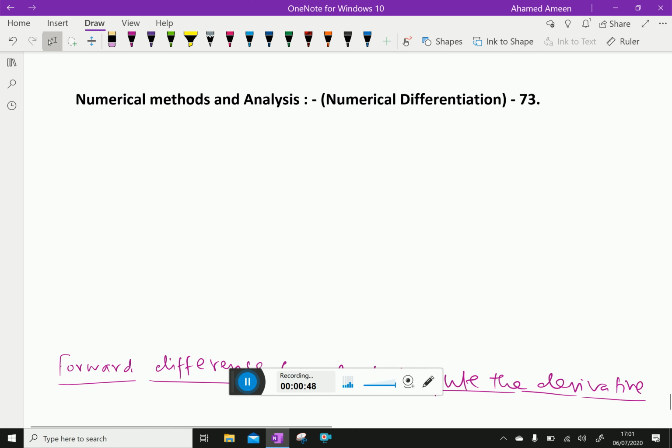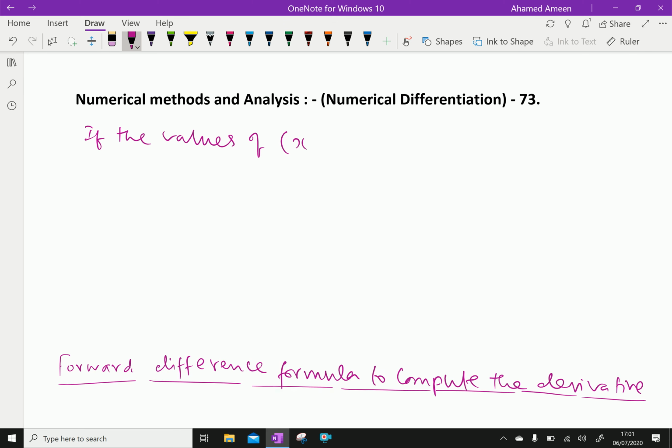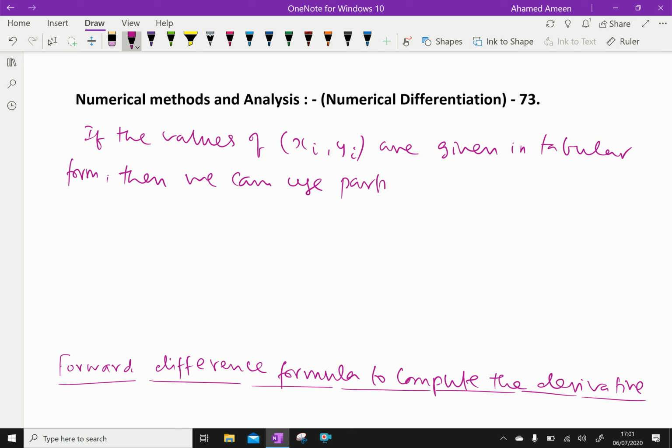Suppose the values of x and y are given in tabular form, then we can use a particular formula for numerical differentiation.